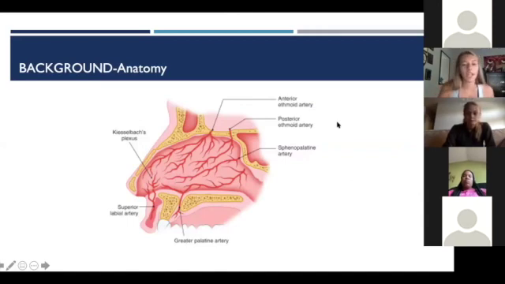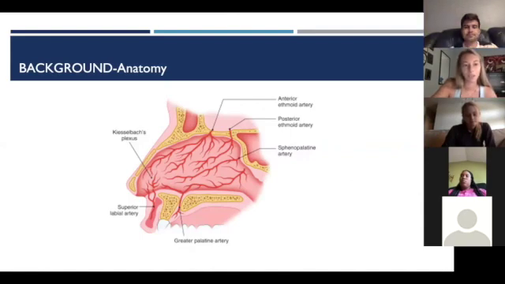So for the anatomy, this is a picture from the article. It goes over the background anatomy, but basically, to classify a nosebleed, there are two different kinds of epistaxis: anterior and posterior. The anterior is most likely going to come from Kiesselbach's plexus, where the internal carotid and external carotid branches meet at the front of the nose.